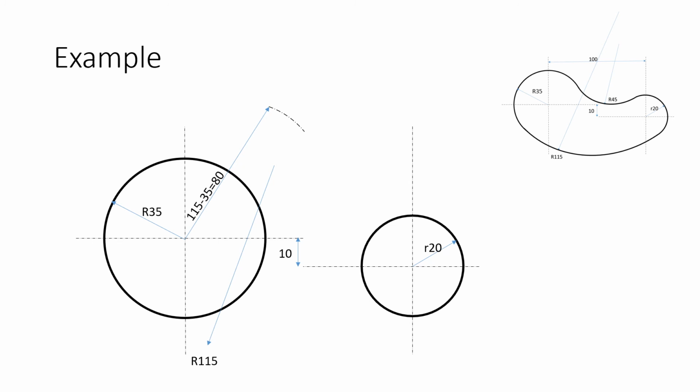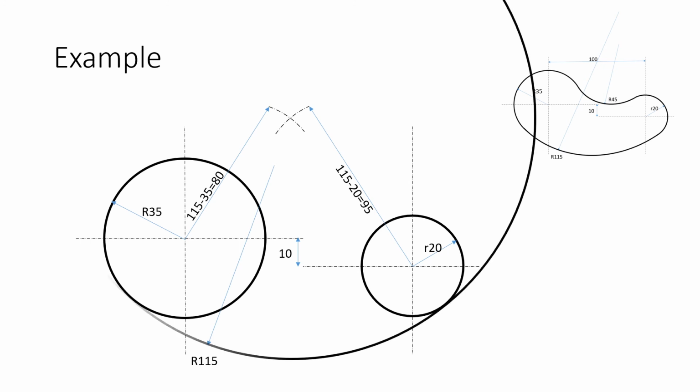So that's going to be 80 units from the radius 35 circle, and from the radius 20 circle, we repeat the process. 115 minus 20, that's going to give you 95 units. Where those two arcs intersect is the center for the internal tangent. That circle is going to be touching our two circles, and if you notice, our two circles are inside, so that's an internal tangent.